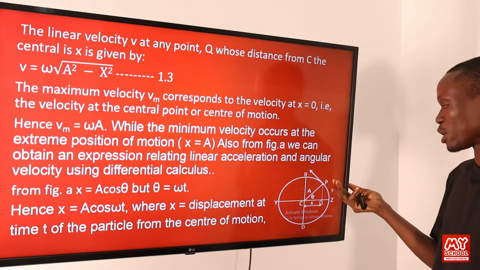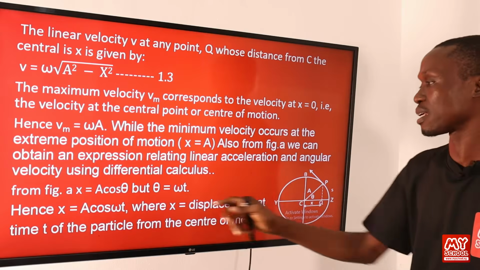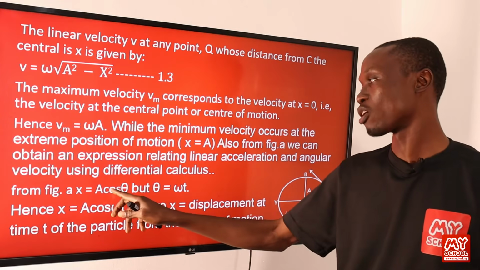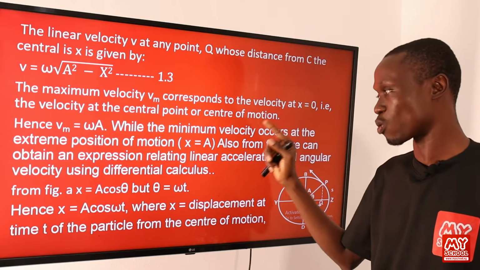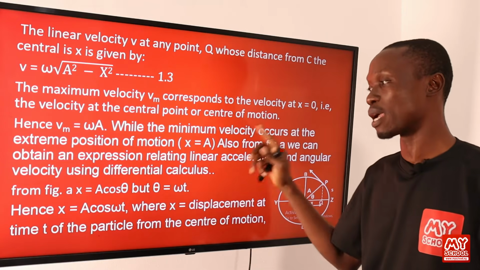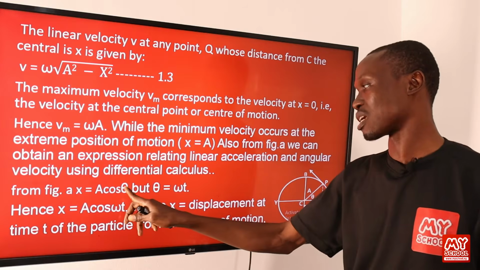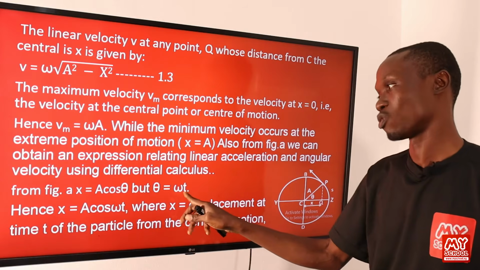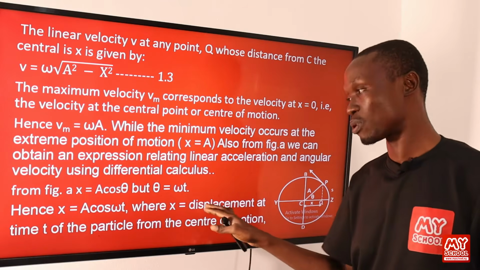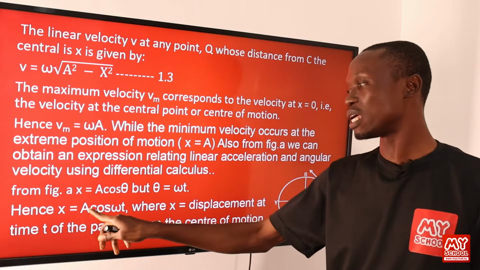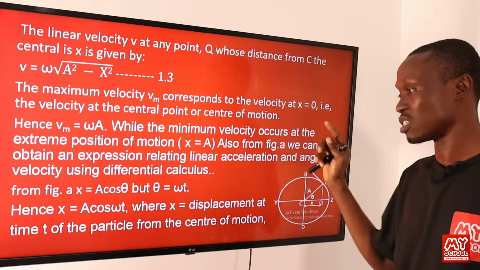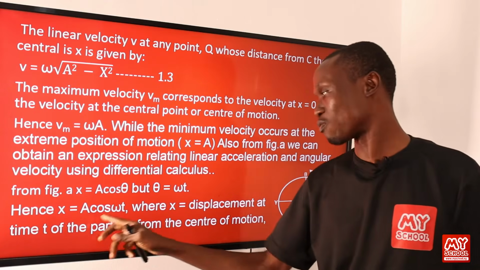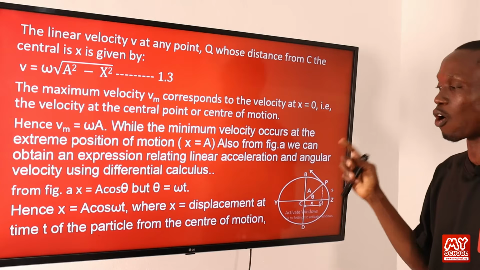So applying trigonometry, we are going to have that s is equal to A cos theta. But remember that from our previous derivation, we said theta is equal to omega t. So anywhere we see theta, we replace it with omega t. So this is exactly what is happening here. So that s is now equal to A cos omega t, where s is equal to the displacement at time t of the particle from the center of motion.